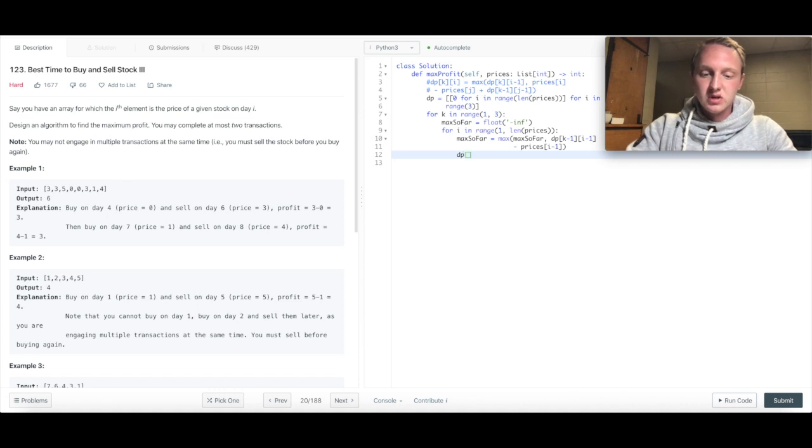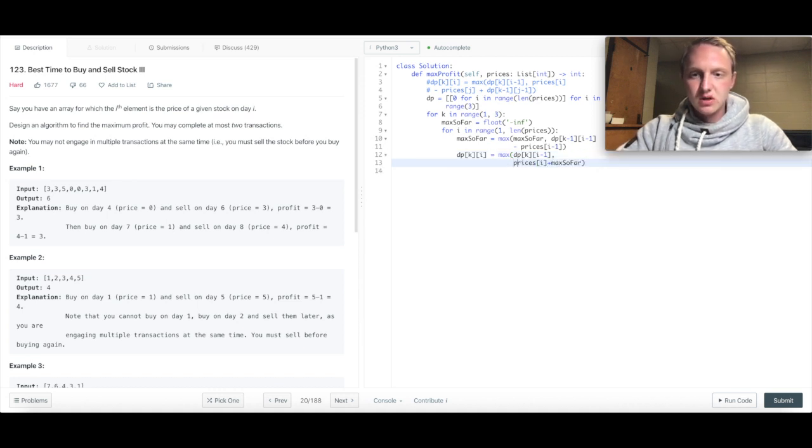Now we're trying to update our dynamic programming table, which is going to be dp[k][i] = max of dp[k][i-1], according to our formula, and here we would have prices[i] plus max so far, right?